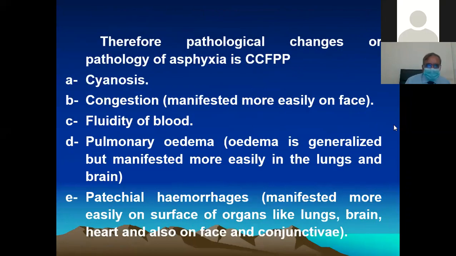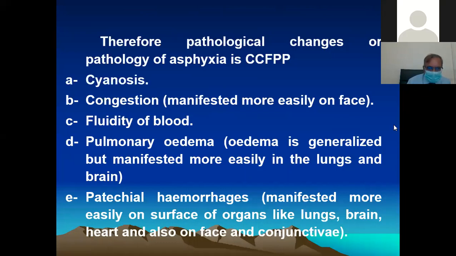So if you sum up all these things, the non-specific pathological findings of asphyxia are CCFPP: cyanosis, congestion, fluidity of blood, pulmonary edema, and petechial hemorrhages. Edema is throughout the body, but in the lungs, being soft tissue, it becomes apparent quickly.